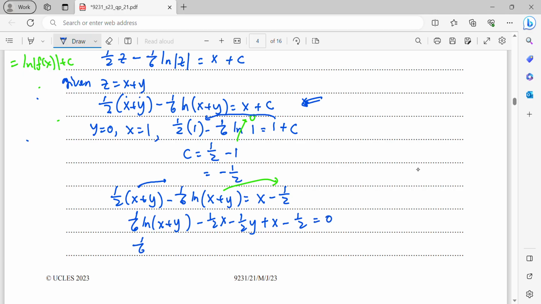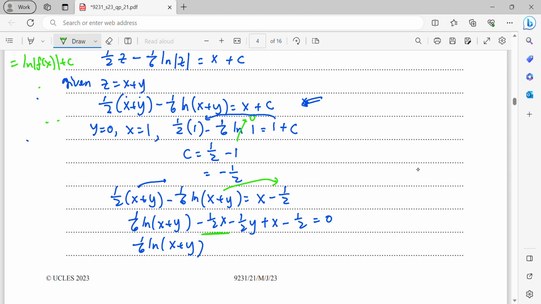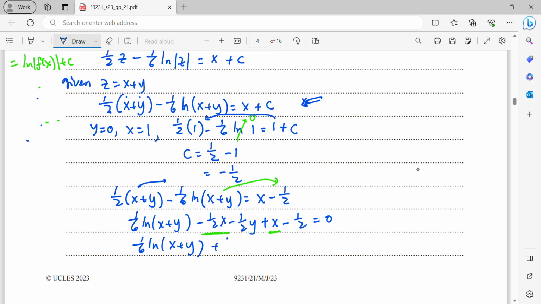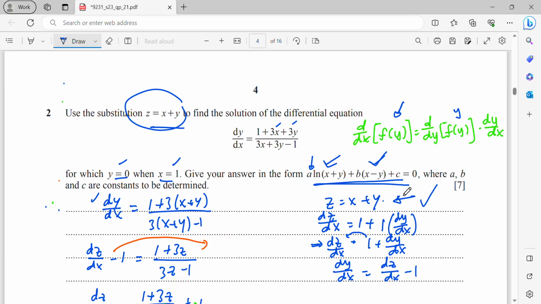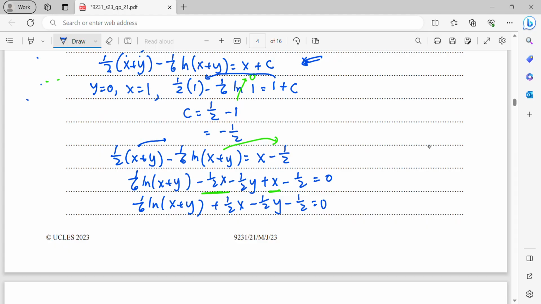So from here, 1 over 6 ln x plus y. Now, when you simplify, see here, minus half x plus x, it will be plus half x. Then minus half y minus half equals to 0. So when you refer to the answer over here, second term should be b bracket x minus y. So it means that I need one more step, right?